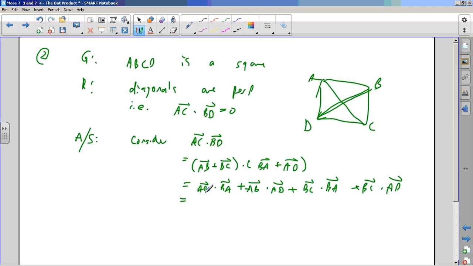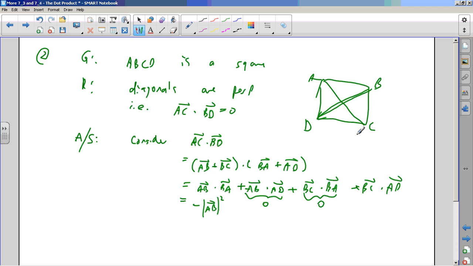What do we got? Vector dot itself in the opposite direction. I'm going to do a shortcut and just call that squared. AB dot AD, well, that's a square, so this is 0. BC dot BA, though that's a square, so that's 0.